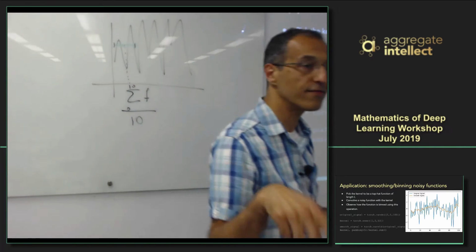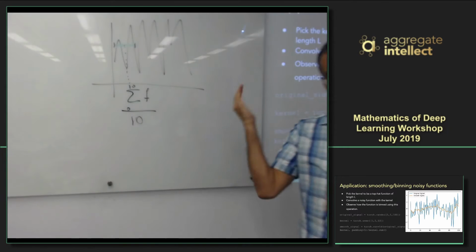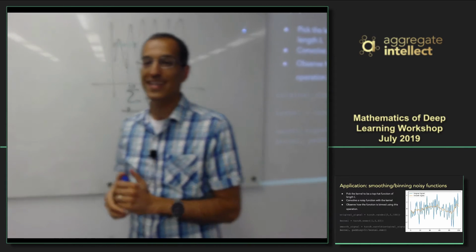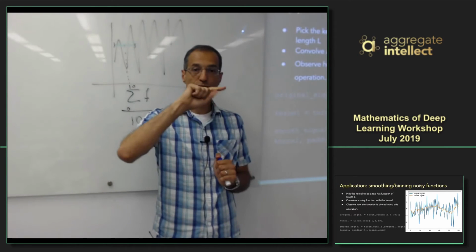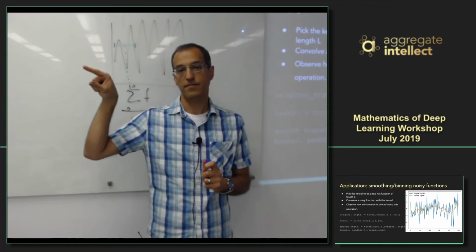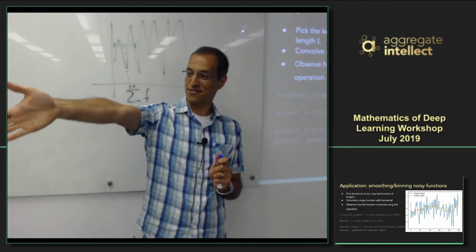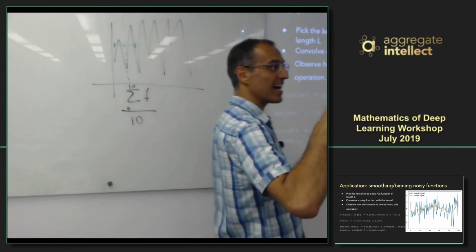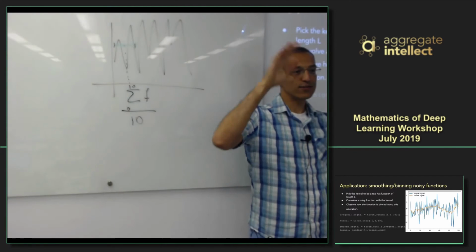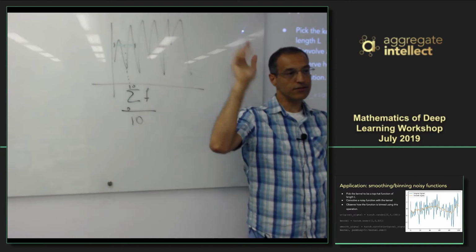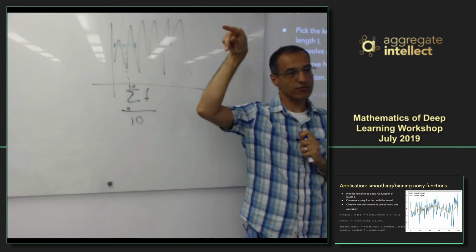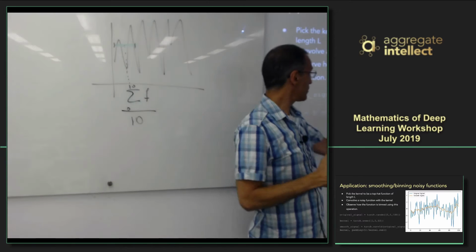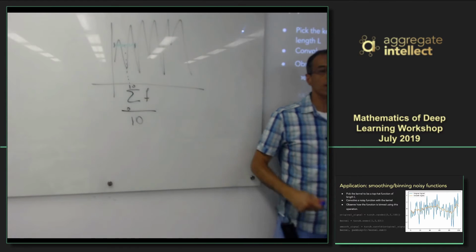Another thing you have in the exercise when you go home, work on it, is that I have asked you to define a function, whatever function you like, your favorite linear function, and then add noise to it. So plot your function, see how it looks, and then add noise to it, and then repeat this exercise again.